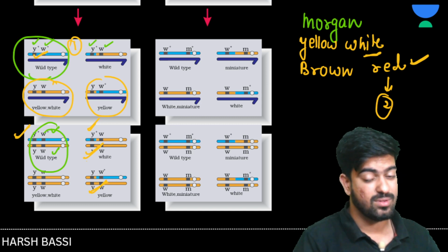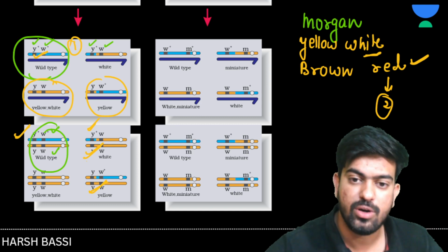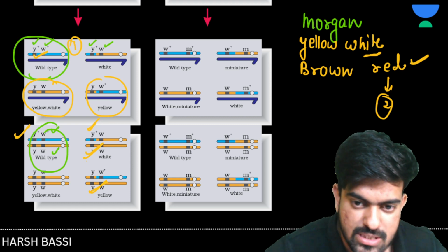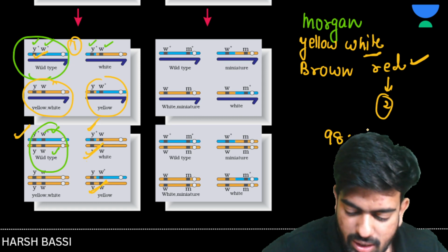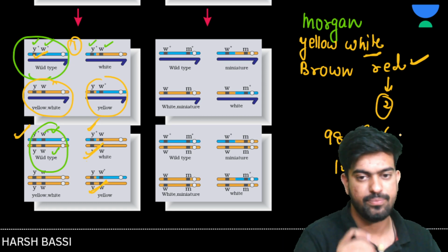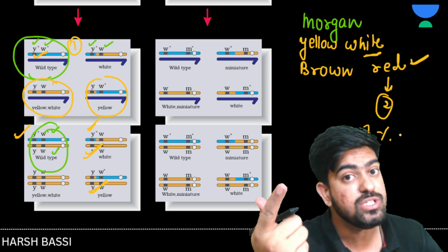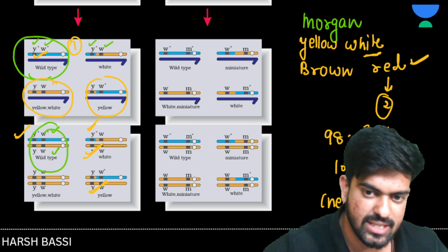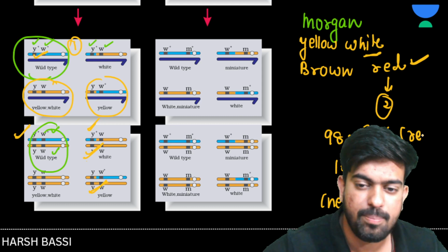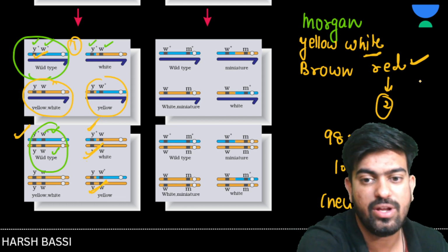But the recombination here is only 1.3%, while the parental type is 98.7%. Okay, great. So new combinations are formed, but how much? Just 1.3 percent. And here parental type was 98.7.